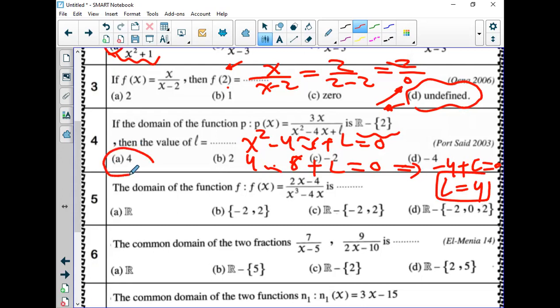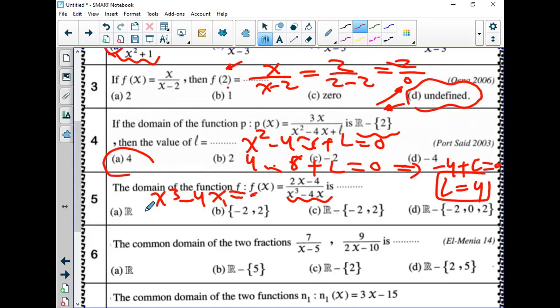Number 5, the domain of f of x equals x minus 4 over x power 3 minus 4x is what? Let's take the denominator and put it equal 0. x power 3 minus 4x equals 0.